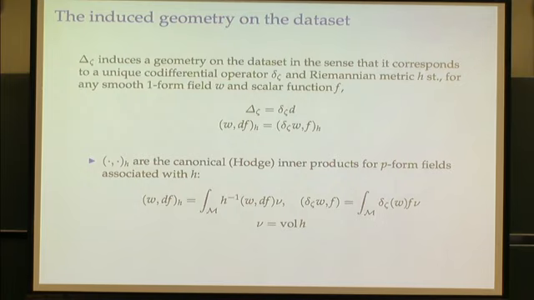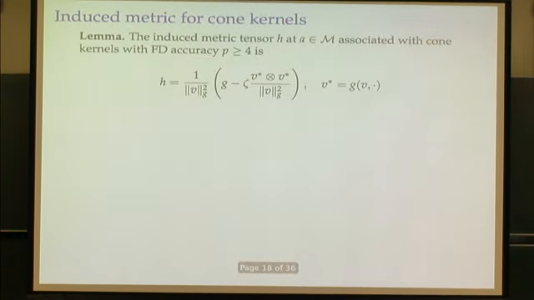The correspondence comes through the Hodge inner products between differential forms. So working with delta is tantamount to having induced a metric h on our data, and we want to study what that metric is.